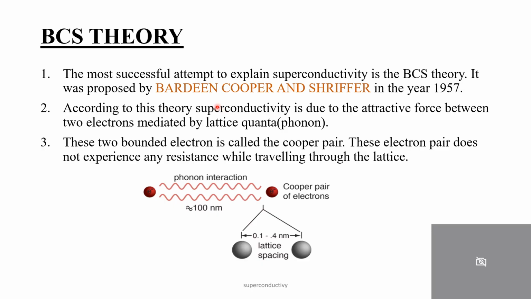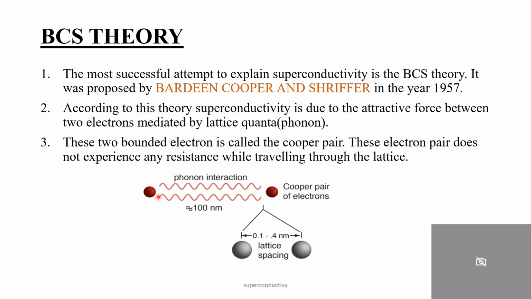And due to this explanation of the superconducting behavior, they were awarded the Nobel Prize. This theory was given in 1957. According to them, superconductivity is due to the attractive force between two electrons mediated by lattice quanta, phonons. These two electrons are called the Cooper pair.